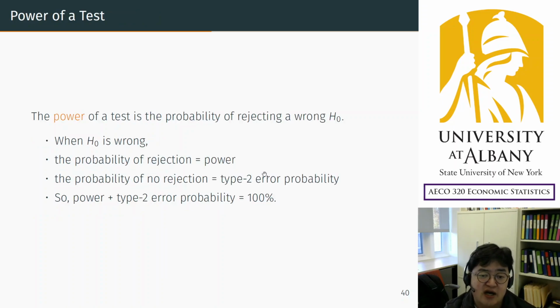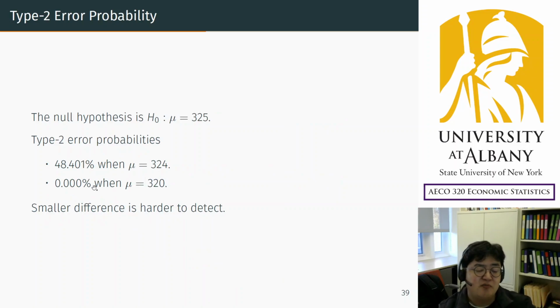Okay, now on the other side, by the way, let me put it this way. If you fail to reject the null hypothesis with 48%, that means the other 52%, approximately 51.6%, you are making the correct decision, right? You succeed in detecting the difference.